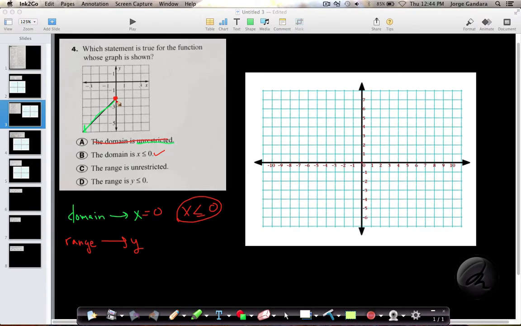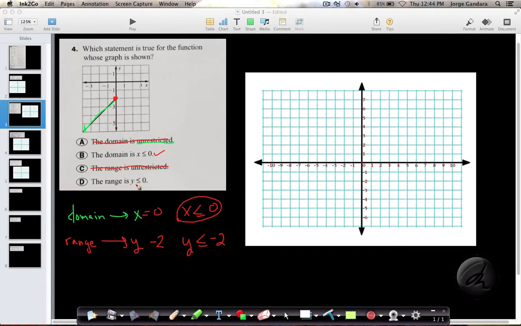And again, this particular function begins at a y that is -2. Okay, so for this particular function, your range is all y's as long as they are less than or equal to -2. Okay, so this in fact is restricted, so that's false.